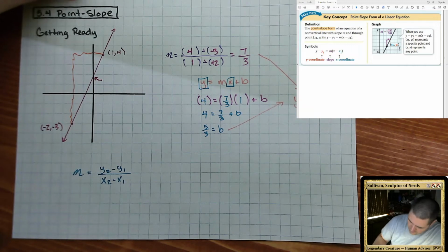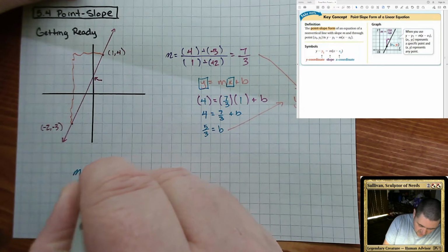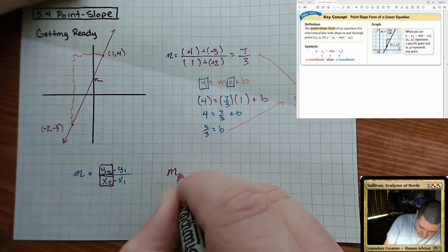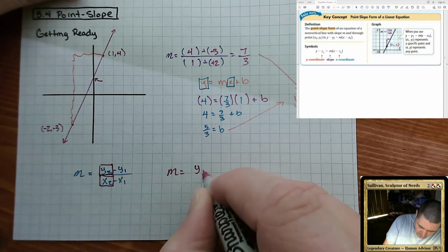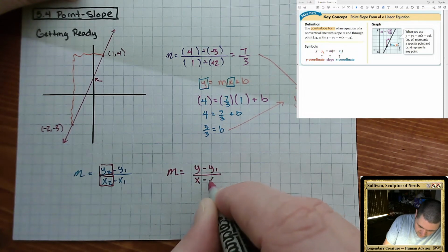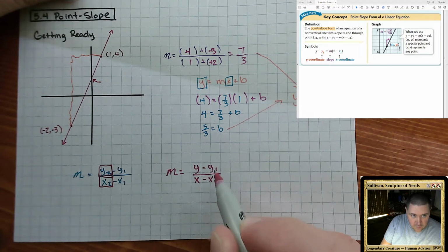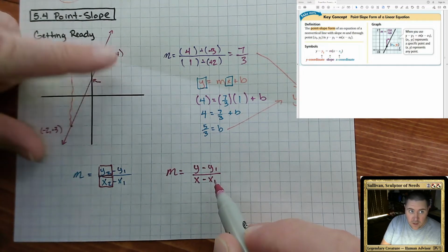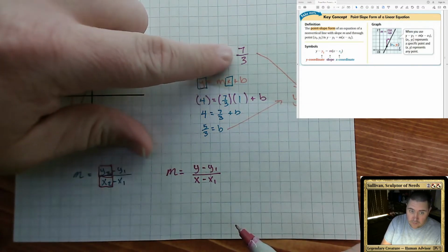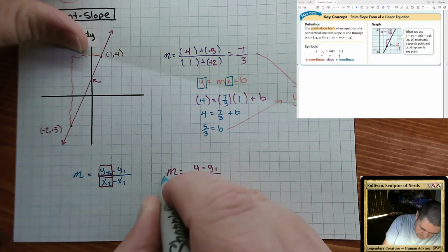So what I'm going to do is replace my y sub 2 and my x sub 2 and just leave them as plain old y and plain old x, and say these two are going to be numbers. They're going to be a coordinate. This is going to be a slope. But I'm going to leave those as just plain old x and y.